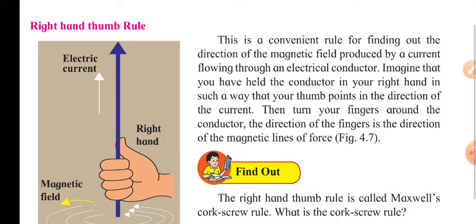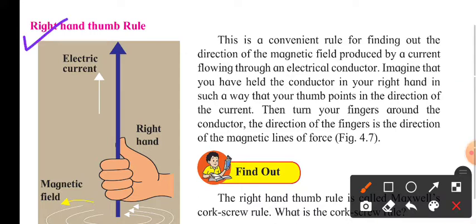For that, we have the right hand thumb rule. What does the right hand thumb rule say? With the right hand palm, we have to curl the fingers around the conductor, and stretch the thumb outward in the direction of the electrical current.